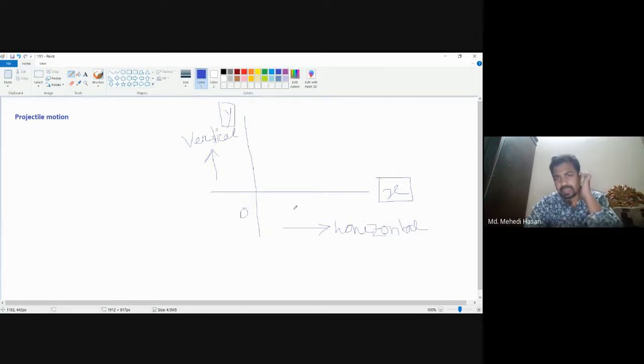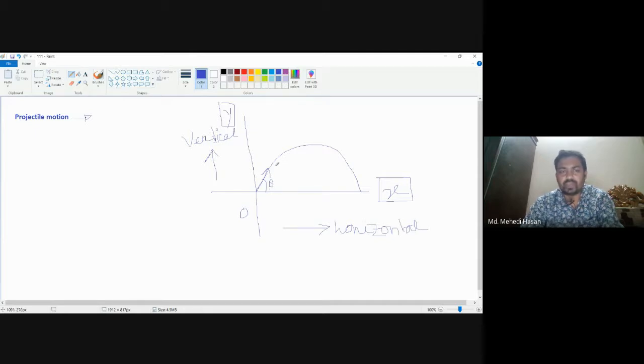y. And if you throw an object from the origin of the coordinate, the definition of projectile motion is, if we throw an object making an angle less than 90 degrees with the horizontal, that means we are throwing an object along that direction, and this angle theta is less than 90 degrees.